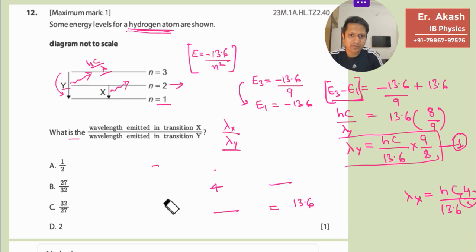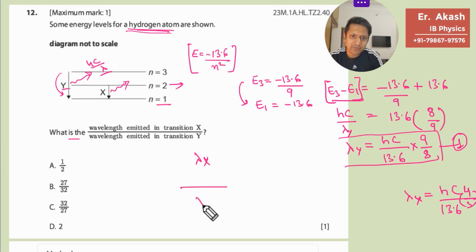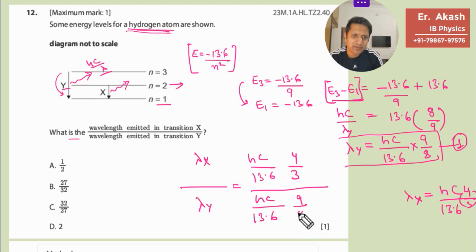Now we have both of the wavelengths, and now we require the wavelength of X divided by wavelength of Y. So wavelength of X is hc by 13.6, 4 by 3, and for Y we have hc by 13.6, 9 by 8.